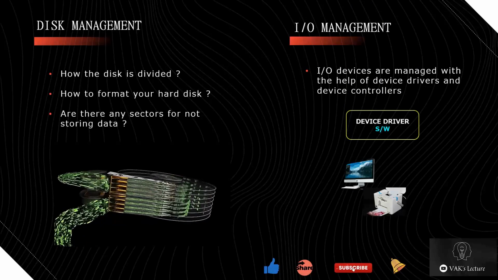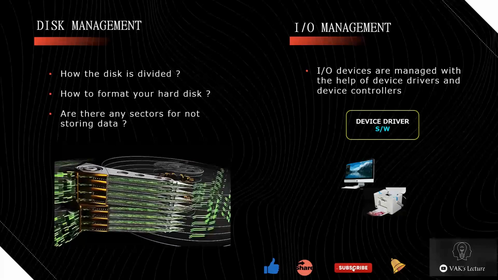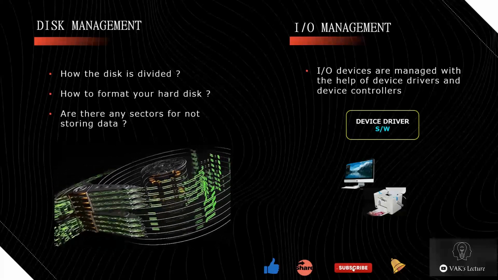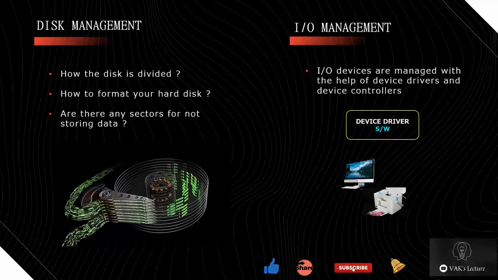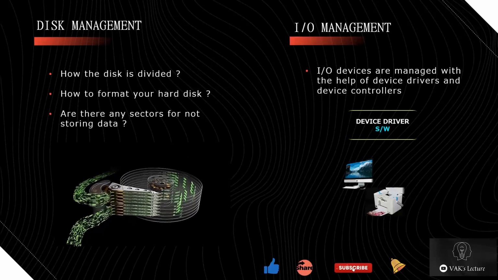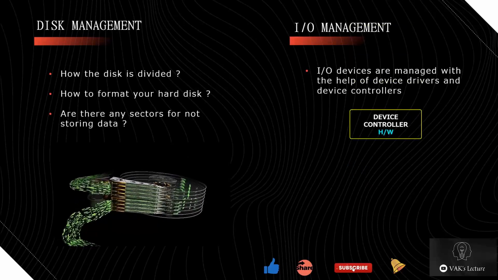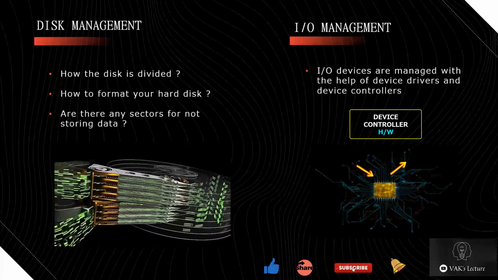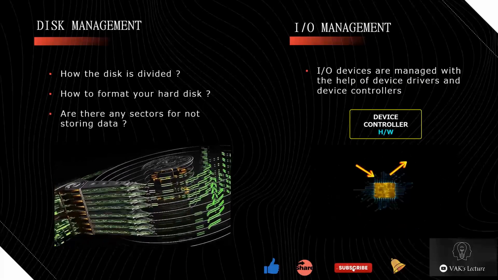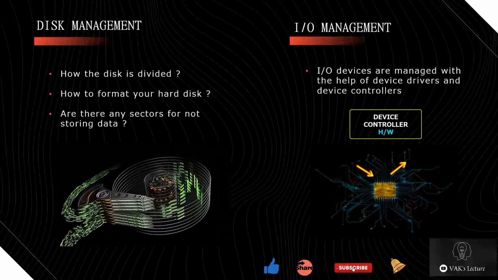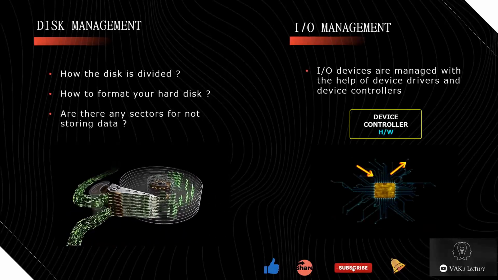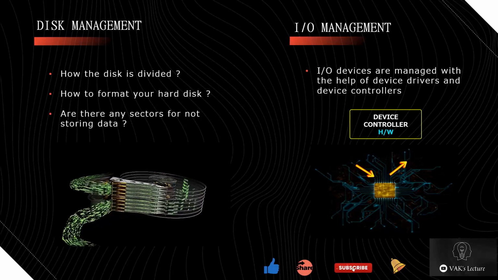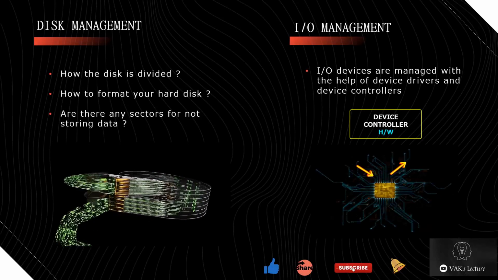For example, if we want to connect a monitor or a printer to the computer, to work with these we need monitor drivers or printer drivers. Whereas, a device controller is hardware that handles the incoming and outgoing signals of the CPU. So, all the I/O devices are managed by the operating system. This is about I/O management of an operating system.